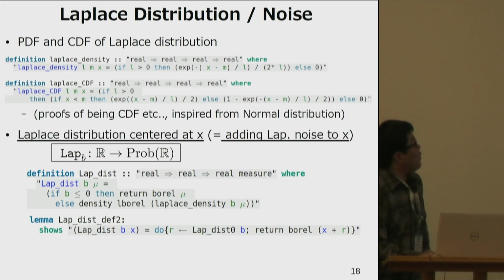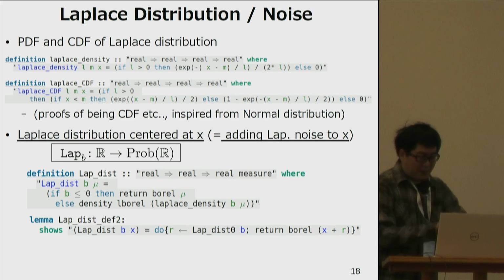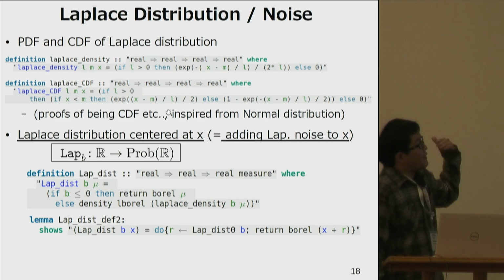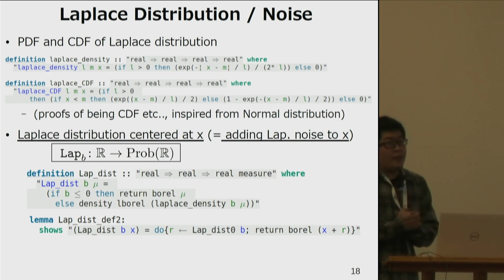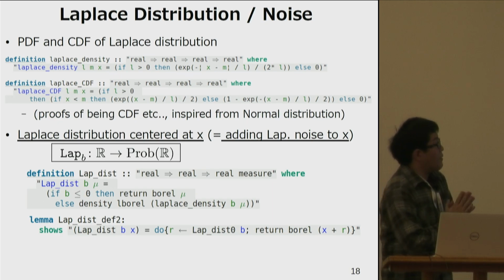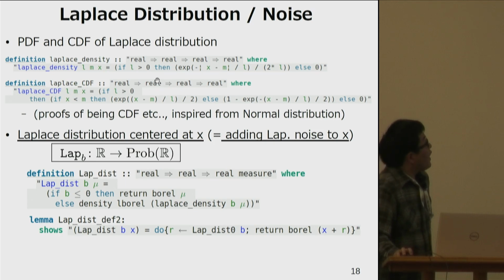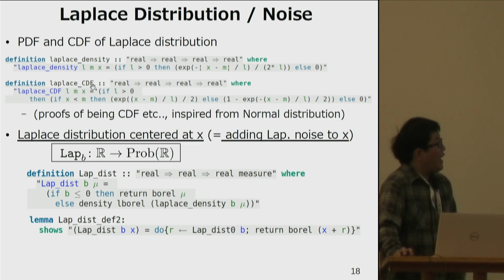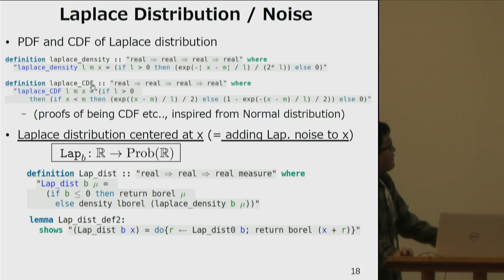And then we formalize the Laplace distribution and Laplace noise. We first formalize the Laplace distribution. The formalization is inspired by the formalization of the normal distribution in the standard library. We consider the density function and the cumulative distribution function, and we prove their correctness.